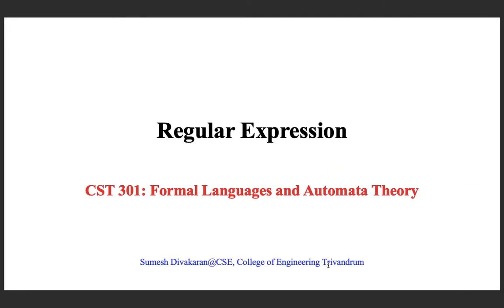And we proved that all these representations are pairwise equivalent, meaning given one representation of a regular language, there exists a procedure which converts that representation into any one of the other three mathematical representations. Today we are going to see one more mathematical representation for regular languages called regular expression.